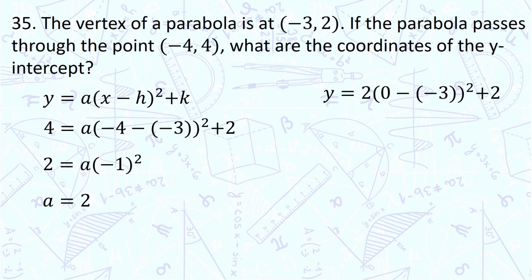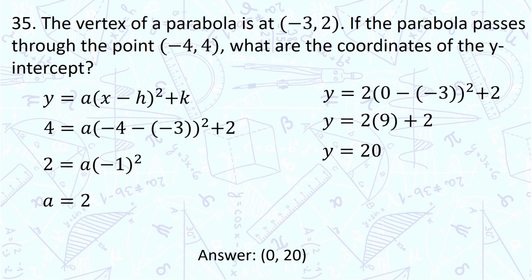Now we can substitute 0 to x because we're looking for the y-intercept, the value of a, which is 2, and also the value of h, k, which are negative 3 and 2, to get the value for y. y is equal to 2 times 9 plus 2, and y is equal to 20. Therefore, the coordinates of the y-intercept are 0, 20.